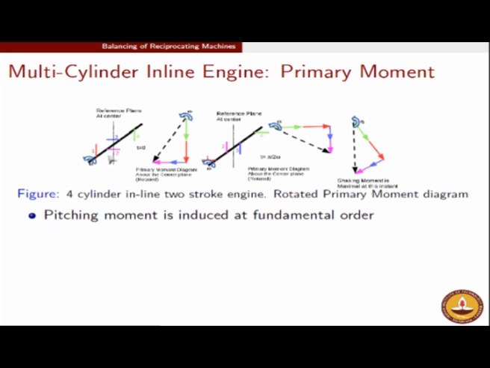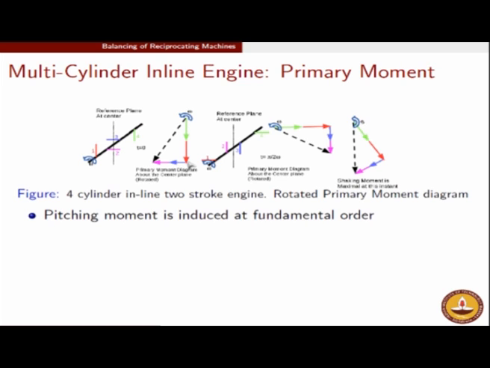Please note that the moment induced by the red and green is going to be higher than the moment induced by the blue and the magenta, because the moment arm corresponding to the blue and magenta cranks is much smaller, as they are closer to the reference plane. So the green and red are going to be larger in length, and the magenta and the blue are going to be smaller in length.